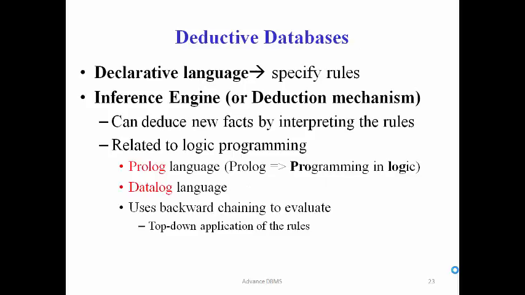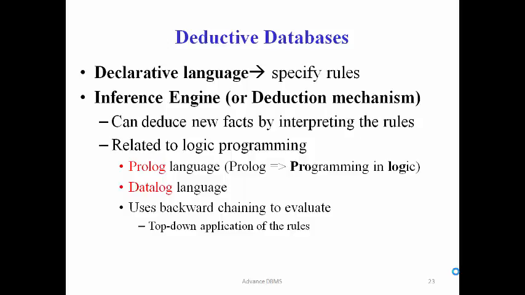Next is deductive databases. In a deductive database system, we typically specify rules through a declarative language. A declarative language means a language in which we specify what to achieve rather than how to achieve it. It uses two concepts: one is the inference engine and another is logic programming.